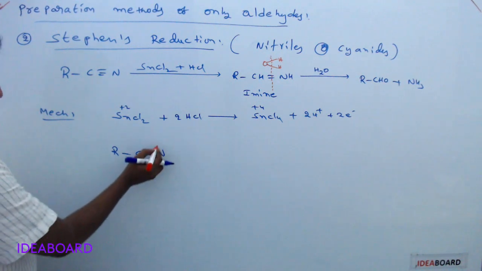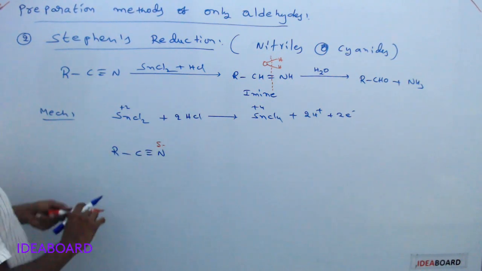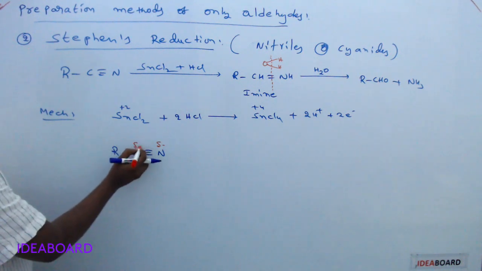In this, nitrogen is partially negative because of higher electronegativity, and the carbon is partially positive.